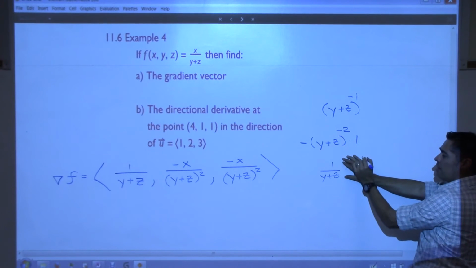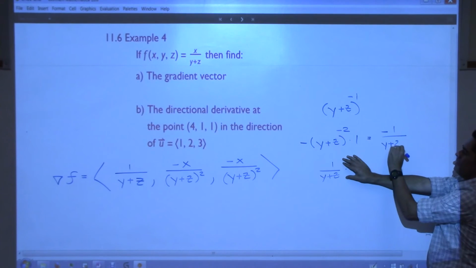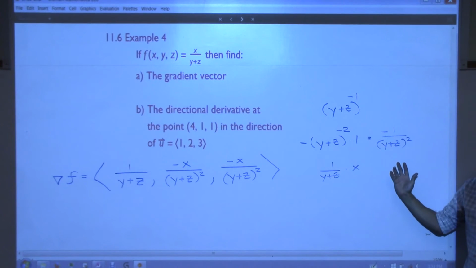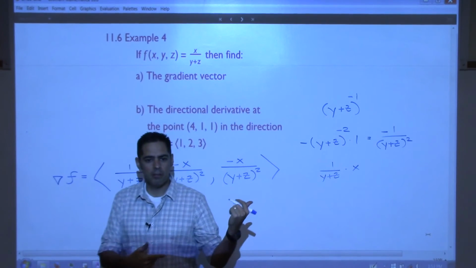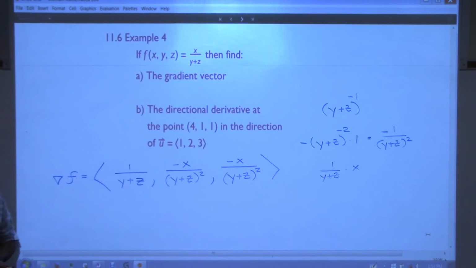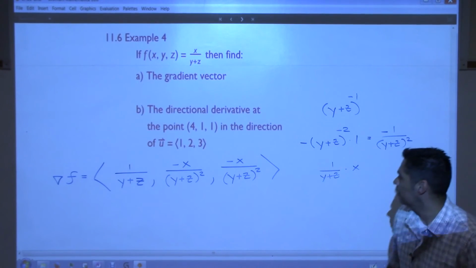So just a 1 out here. But that's the same as negative 1 over y plus z squared, right? But then you had the x. So x on top, so that's this. And then the other one with respect to z works exactly the same way. We good? Okay. That's the gradient vector.